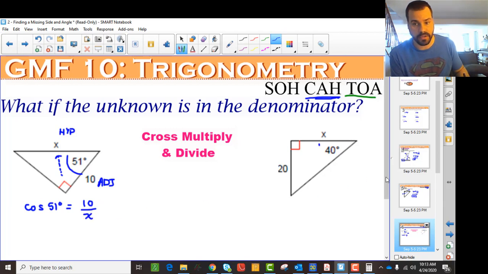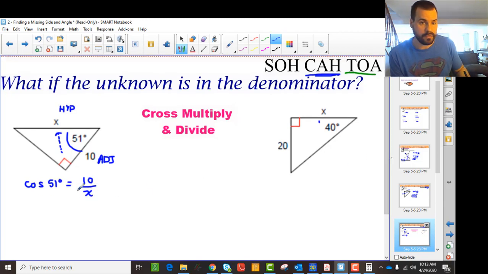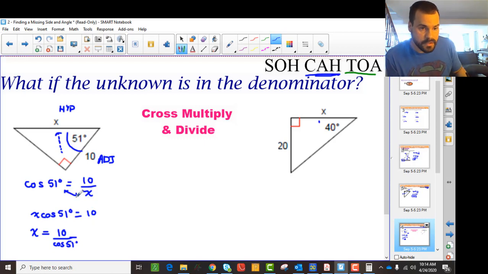Now, if x is in the denominator, we cross multiply and divide. In other words, we multiply the x up here. So we get x cosine of 51 is equal to 10, and then we divide. All right, so we get this. Effectively, what happens is these simply switch places.